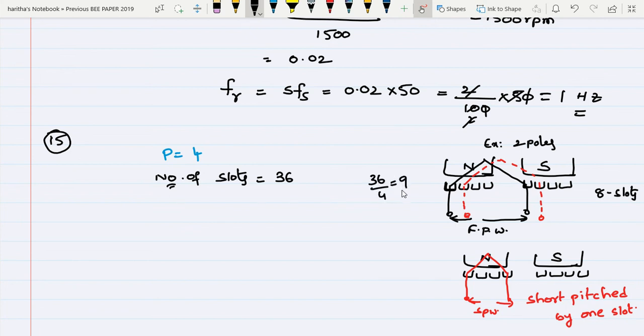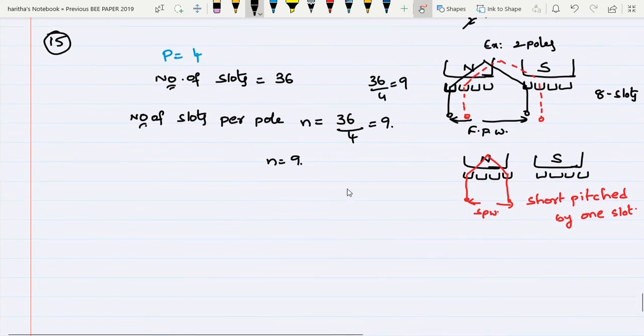So under each pole there will be 9 slots. The number of slots per pole is indicated with n. Number of slots per pole n is equal to 36 by number of poles, 4, so that is equal to 9.